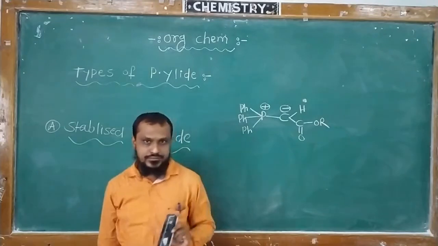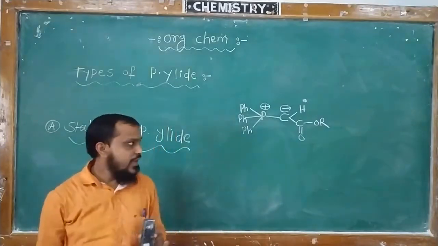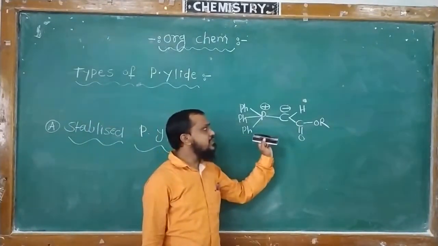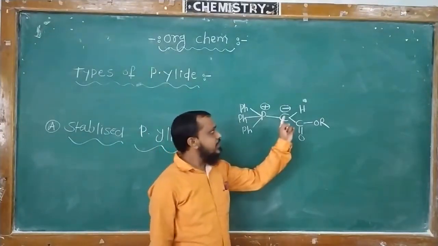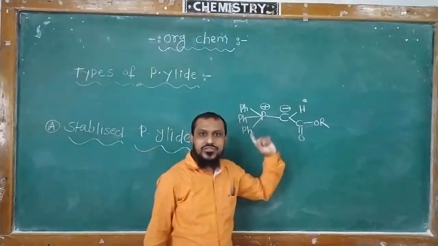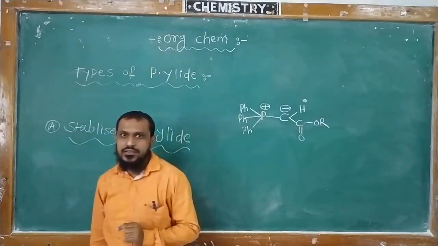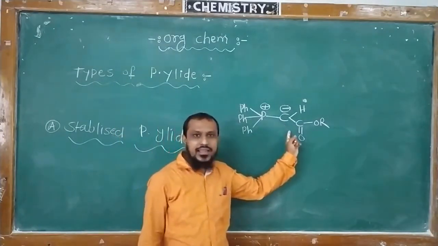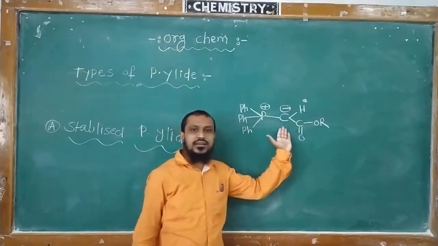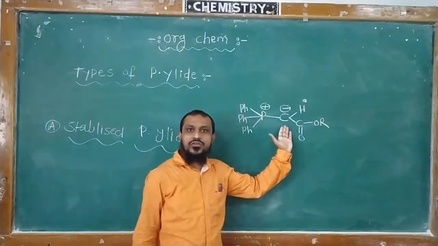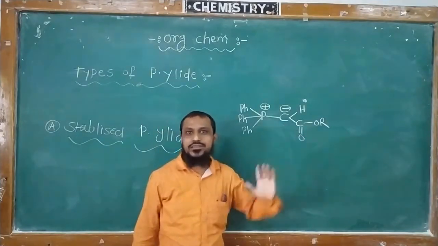We know that when we observe this structure, here the carbon has a negative charge. It means it acts as a nucleophile, and we know that nucleophiles are electron-rich species.